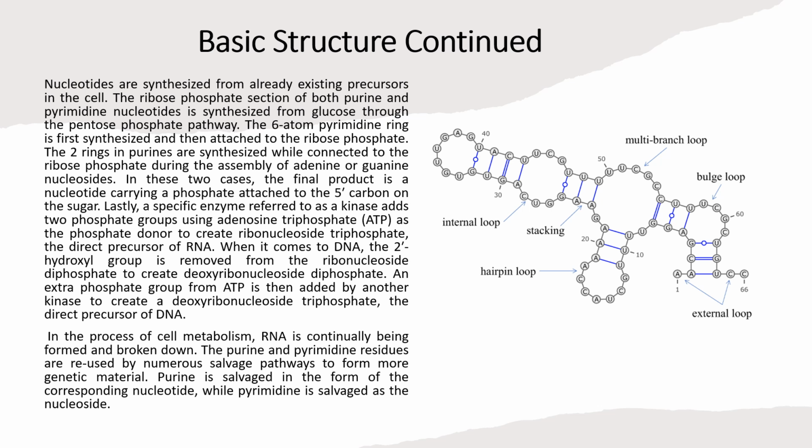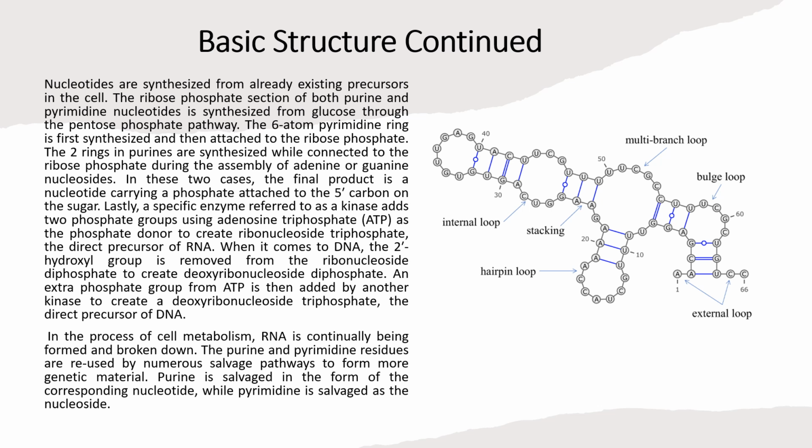An extra phosphate group from ATP is then added by another kinase to create a deoxyribonucleoside triphosphate, the direct precursor of DNA.